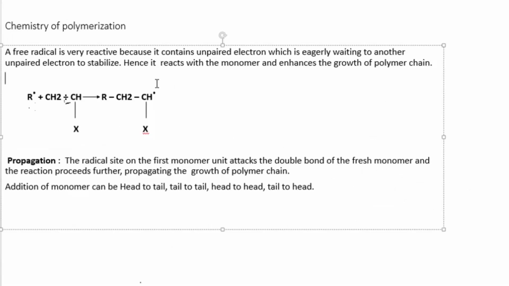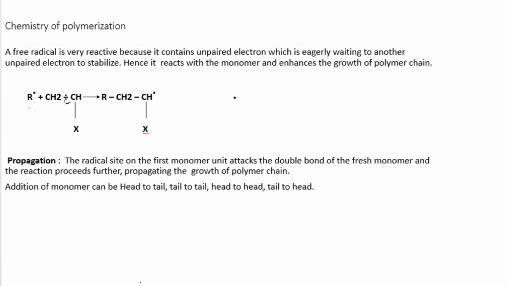So let's see how the initiator starts the chain growth. We know that a free radical is very reactive because it contains a lone electron which is always eagerly waiting for another lone electron to couple and then get stabilized. So let's see what happens when a free radical reacts with a monomer. Normally the double bond between two carbon atoms can be written like this.